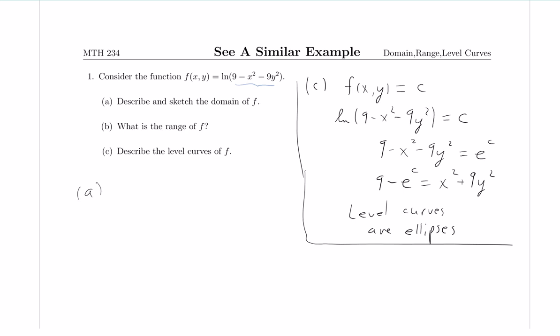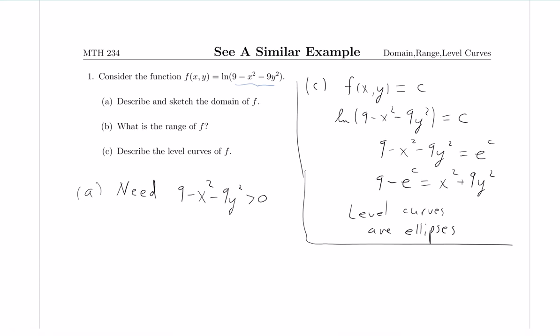So that means this quantity here in parentheses must be positive. So we have one restriction to look out for. We need this quantity in the parentheses to be strictly positive. It can't be 0, it can't be negative.